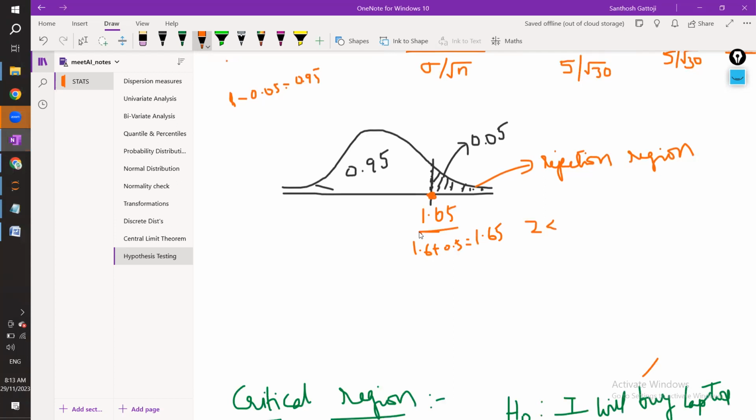So wherever you have 1.65, all the area less than or equal to 1.65 will cover 95% of the area. Now anything greater than 1.65 will fall where? Here in this region.